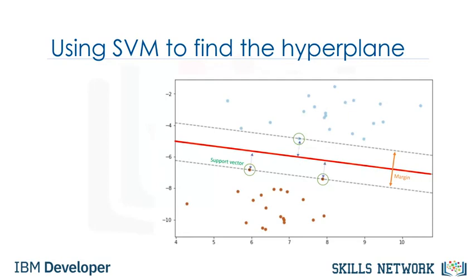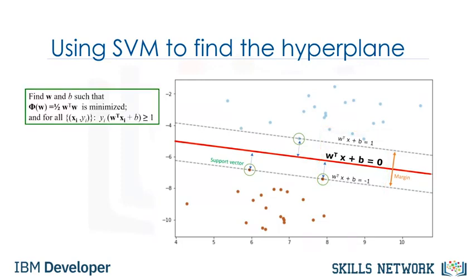We try to find the hyperplane in such a way that it has the maximum distance to support vectors. Please note that the hyperplane and boundary decision lines have their own equations. So, finding the optimized hyperplane can be formalized using an equation which involves quite a bit more math, so I'm not going to go through it here in detail.